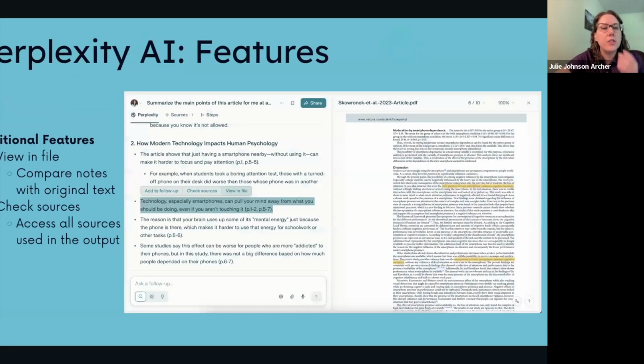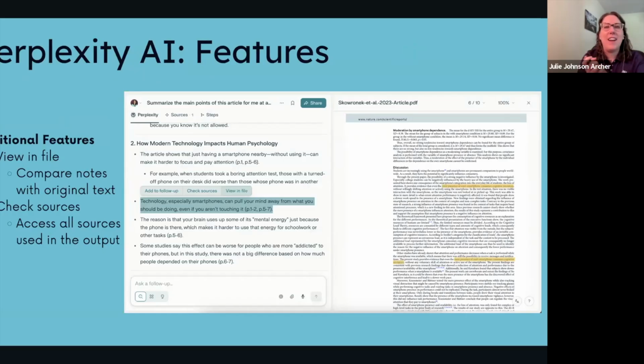So additional features include the view in file, which allows you to compare the notes with the original text side by side. Essentially, this is the same as giving a new theology student a King James Version Bible with that newer, easy to read version printed side by side.